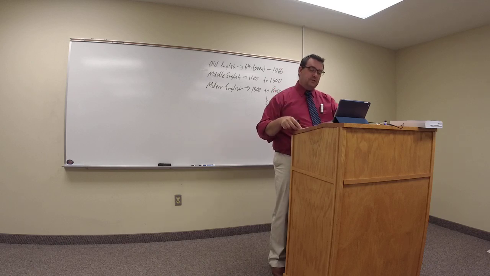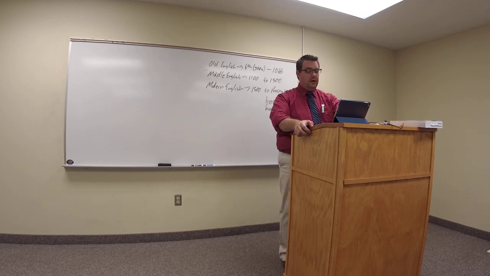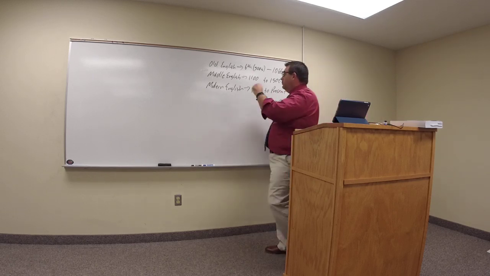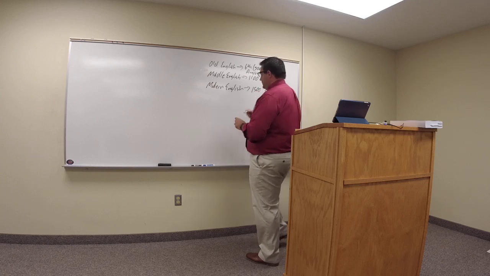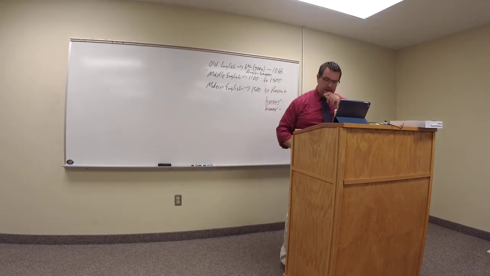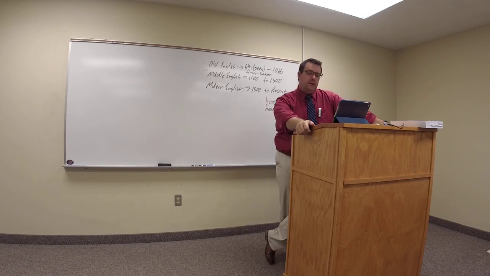It was not until the 6th century that a small percentage of people in Britain spoke a prototype of English. Okay? And we know that prototype is called what? Anglo-Saxon.